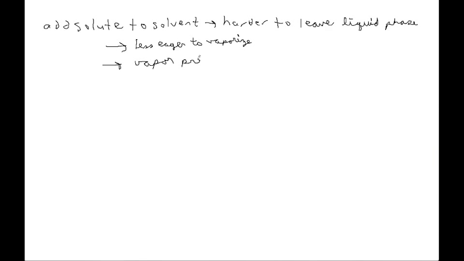Decrease. Good. So what happens when you add a solute to a solvent? Vapor pressure increasing or vapor pressure lowering? Vapor pressure lowers. That's right. So that's our next colligative property. Vapor pressure lowering.